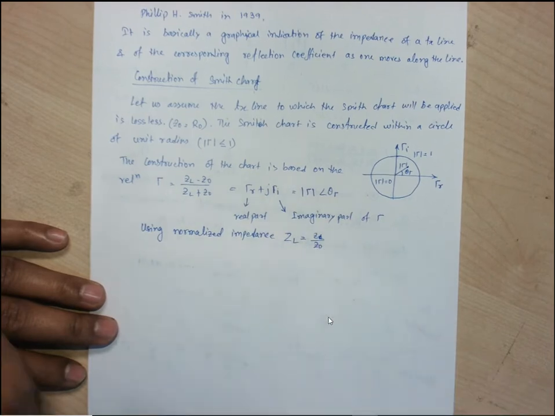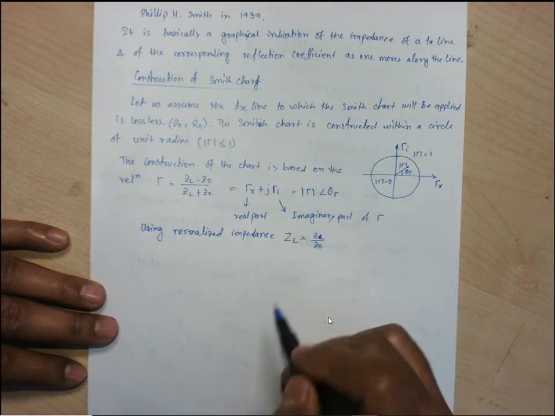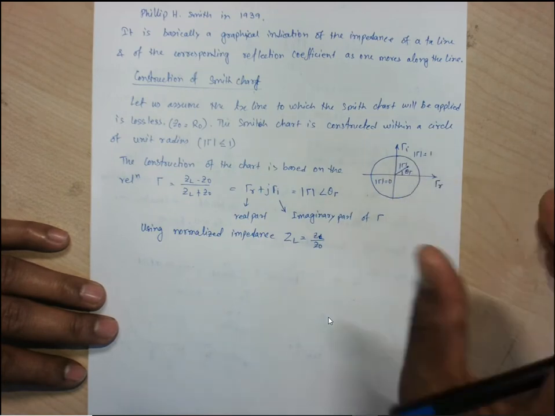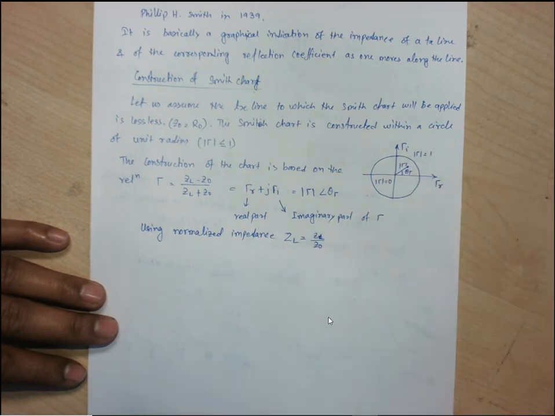We take the normalized value of the impedance by dividing every impedance by the characteristic impedance. You will find that for lines with different characteristic impedances, if we normalize all the impedances with respect to the characteristic impedance, within this unit circle we can have all kinds of lines, whatever lines we can assume.